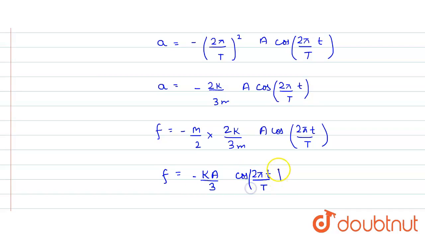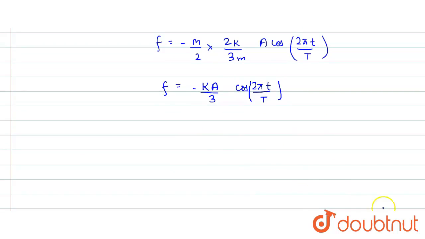Now, we know that the maximum frictional value would be less than μN. From here, what would be the maximum frictional value? It would be this amplitude, because cos has a maximum value of +1 and -1. In the positive sense, just magnitude wise, it would have a value of +1. So the maximum value from this expression is kA divided by 3.